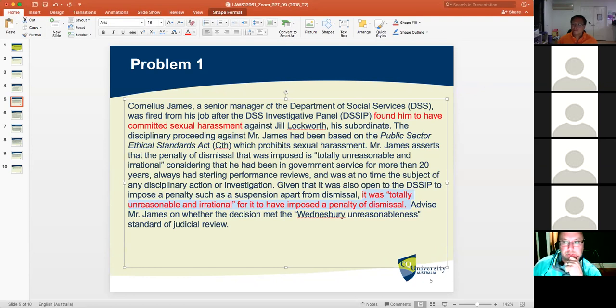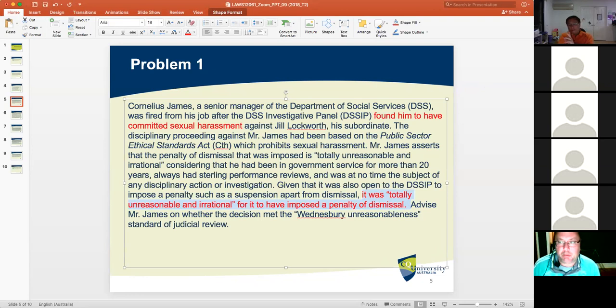And because it chose a particular penalty doesn't make it so unreasonable that it could be overturned. I would probably go so far as asking for an explanation as to the penalty, and if they completely disregarded his sterling performances, etc., then maybe there is an avenue open to him.